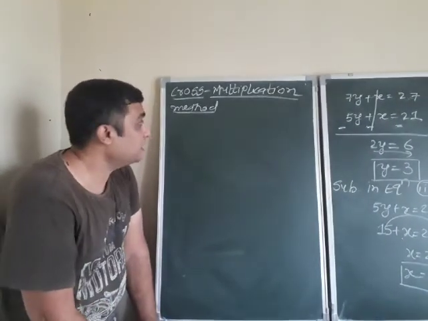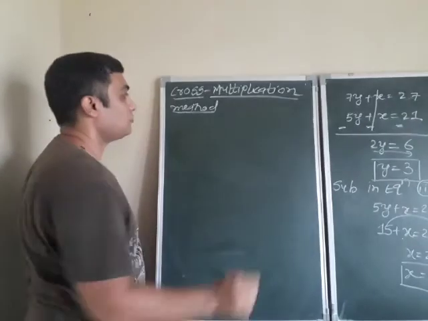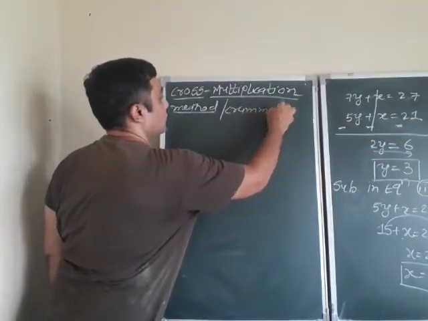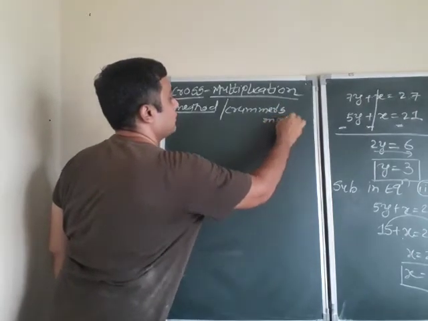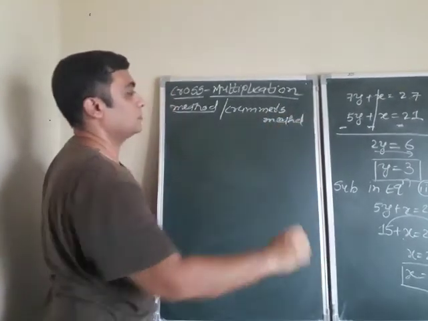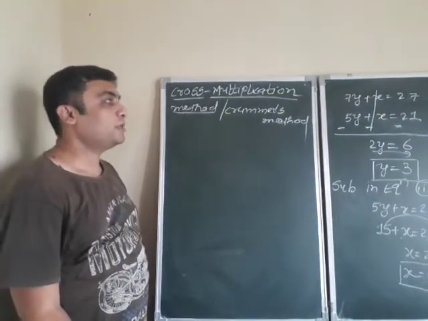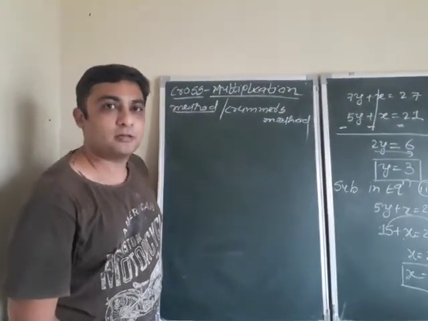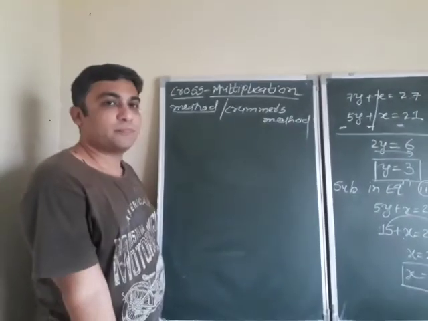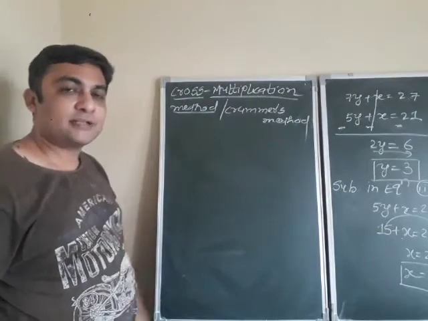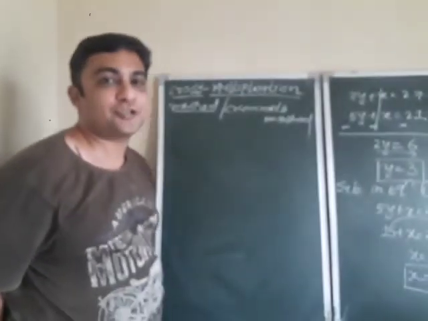So this is the cross multiplication method. The other name is Cramer's method. So the name of the method is the cross multiplication method, and the other name is Cramer's method. Okay, check it. See how we can make the solution for the cross multiplication method.